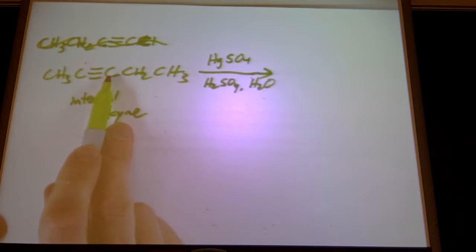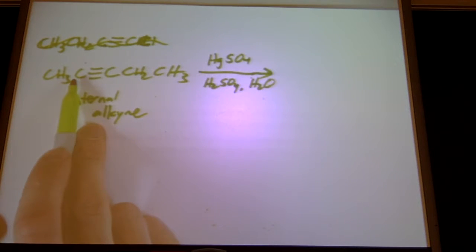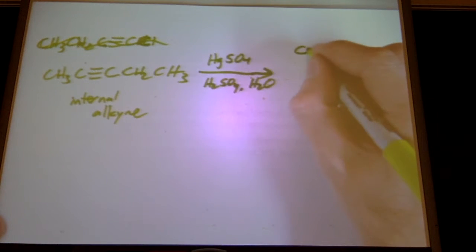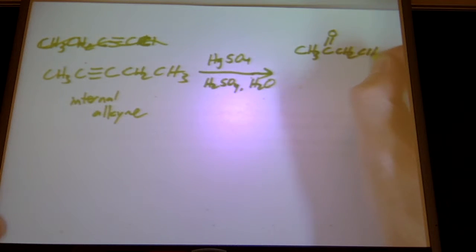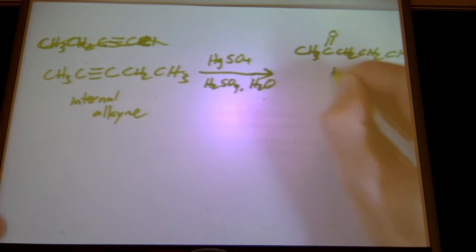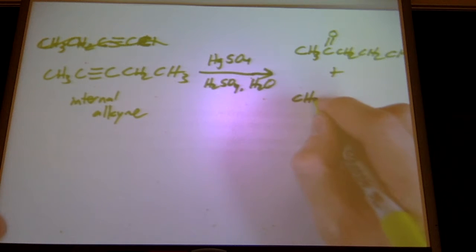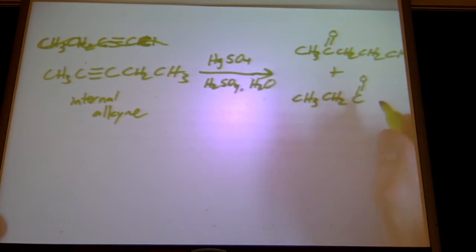So here, this carbon's attached to 2, this carbon's attached to 2. So my C double bond O could go to either position. So I get a mixture of 2-pentanone and 3-pentanone.